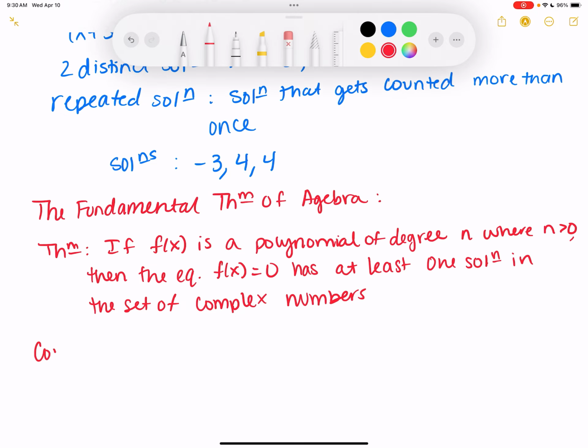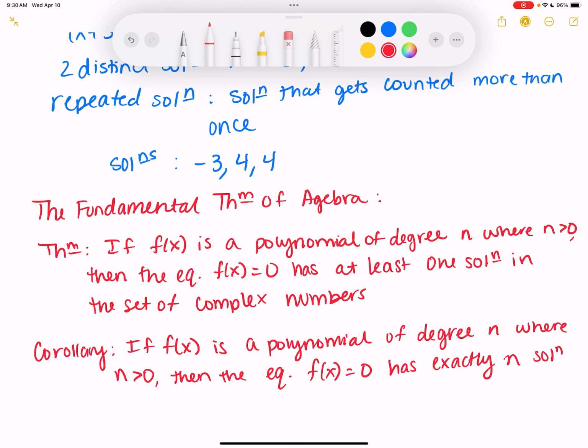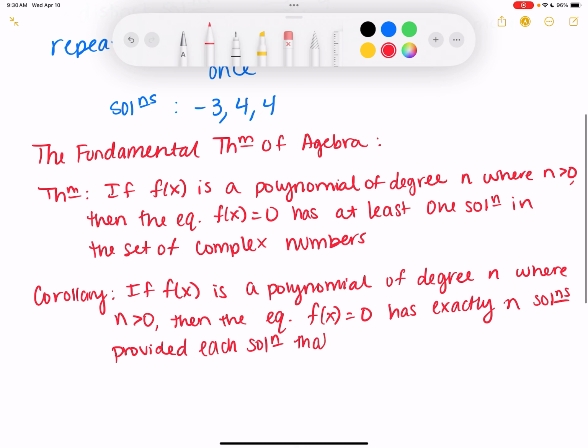The corollary to this theorem says if f of x is a polynomial of degree n, where n is greater than 0, then the equation f of x is equal to 0 has exactly n solutions, provided each solution that is repeated twice is counted as 2 solutions.